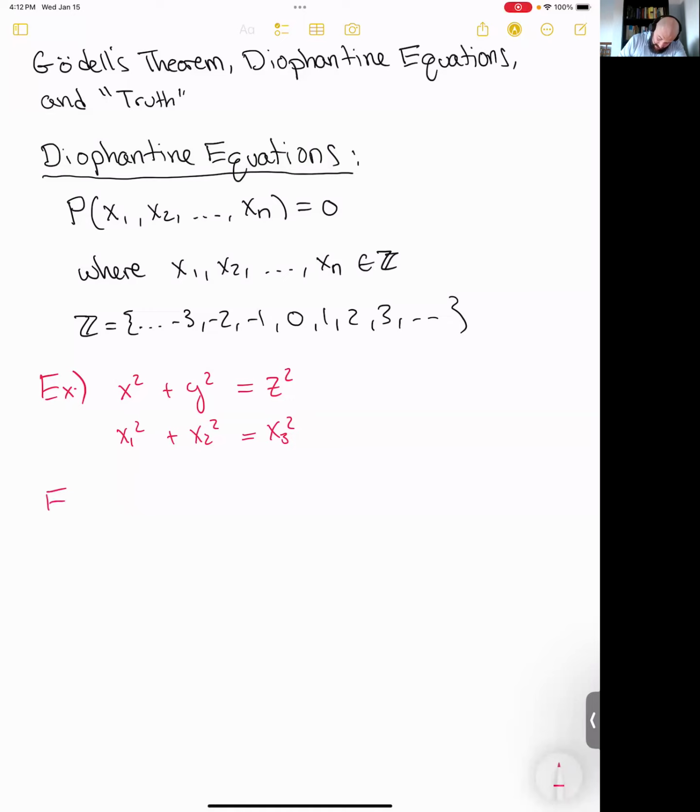Another famous example is if you take x to the n plus y to the n equals z to the n, where n is a natural number which is bigger than or equal to 3. This is called Fermat's last theorem.